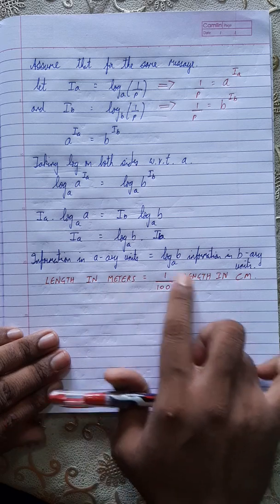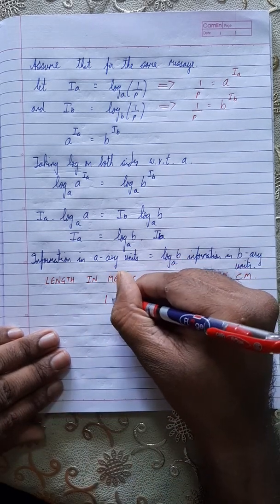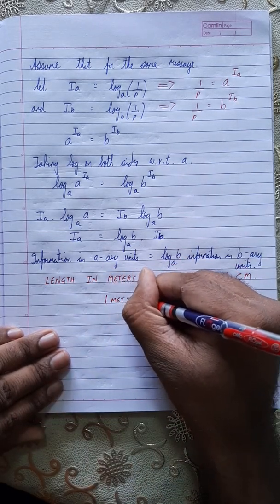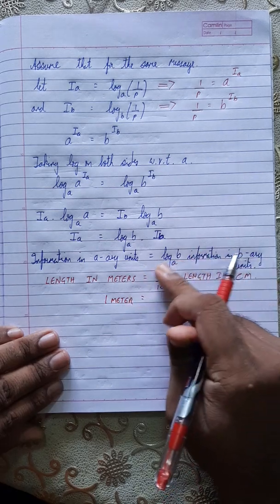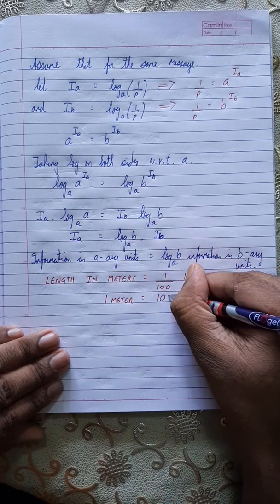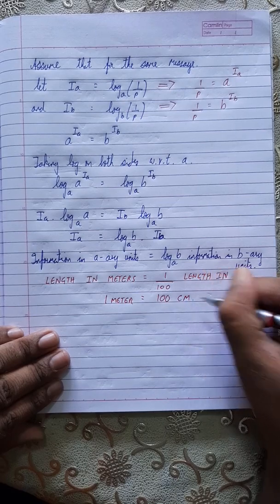From here I can say, what is 1 meter? We all know that 1 meter is equal to the reciprocal of this, that is 100 centimeters.